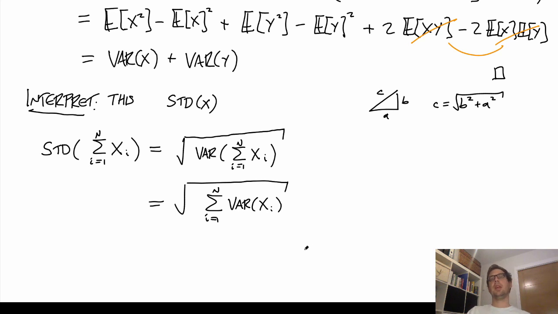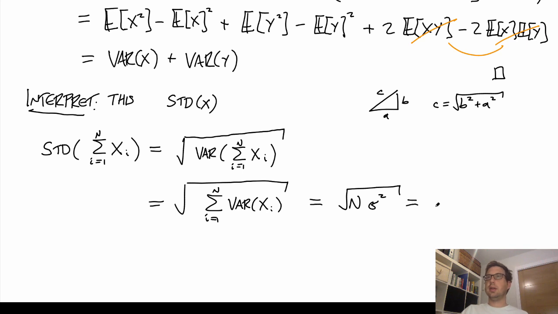Assuming they're the same experiment, like throwing the coin, the variance is the same for all of them, so I get n lots of the variance, which I could write as sigma squared, square rooted.